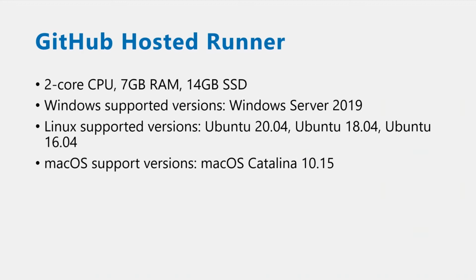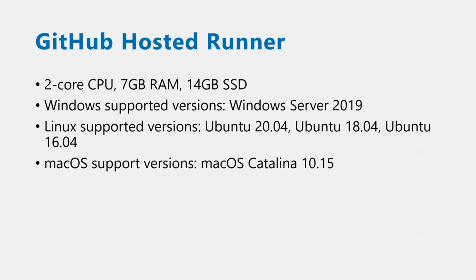So keep that in mind when you're building out your steps and your actions. If you're doing something super complex where you need to eat through 30 gigs of RAM, you might want to look at hosting your own runner, because the GitHub hosted runners will fail on you.